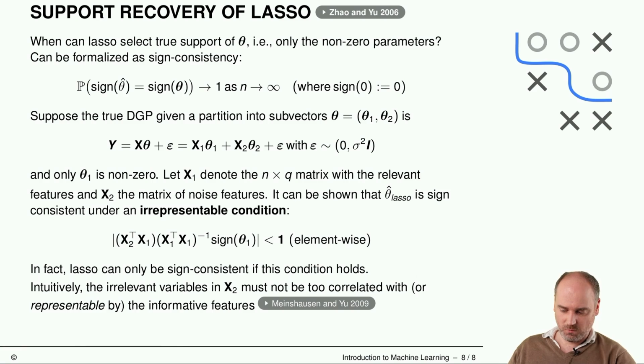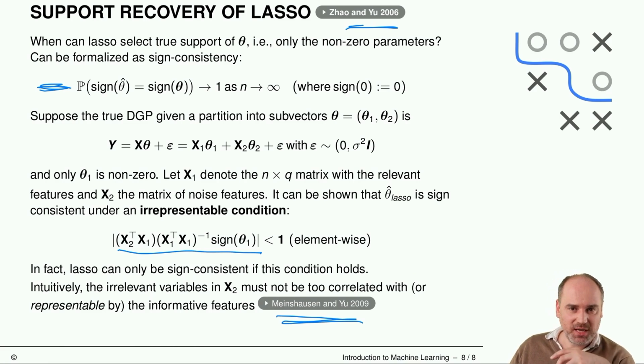So, what we can show now, and if you're interested in the details, you have to look into this paper, and I guess that one. Both are pretty nice to understand this support recovery property more in depth. I can just summarize the results here a little bit. What can be shown is that our estimator of the Lasso is sign consistent if a certain irrepresentable condition holds, which is given here. I don't want to read that out. The formula is not too complicated, but its interpretation is the following.